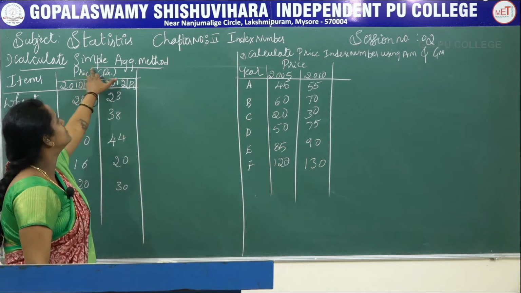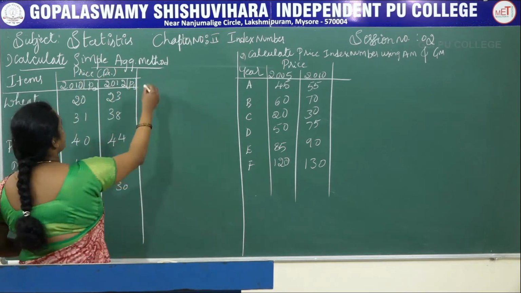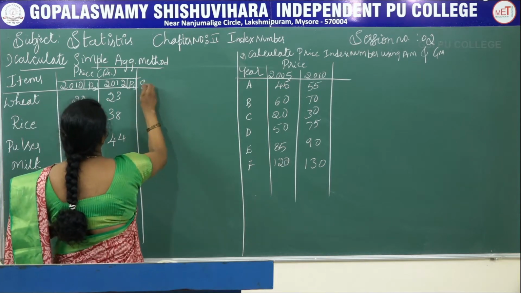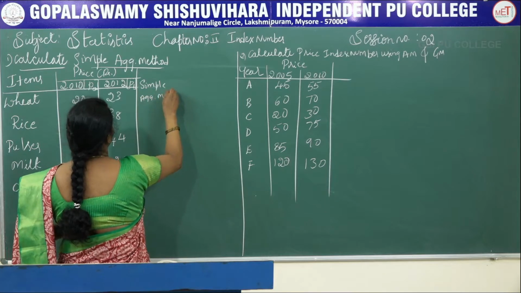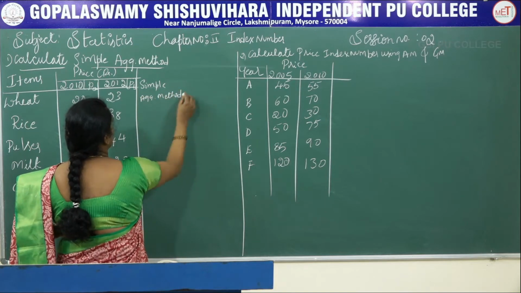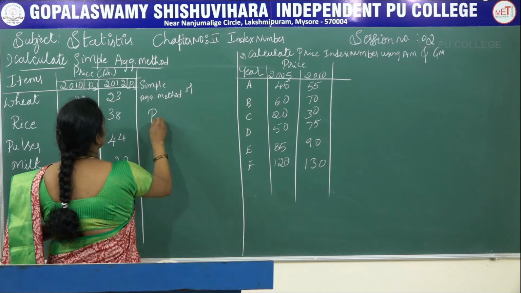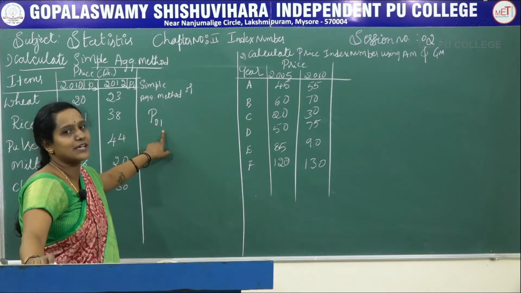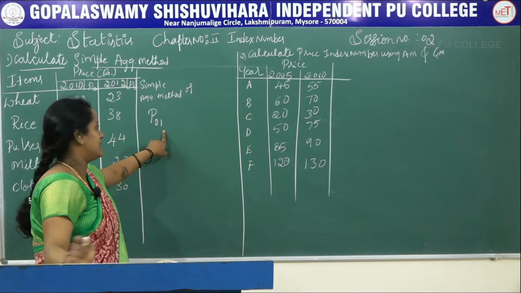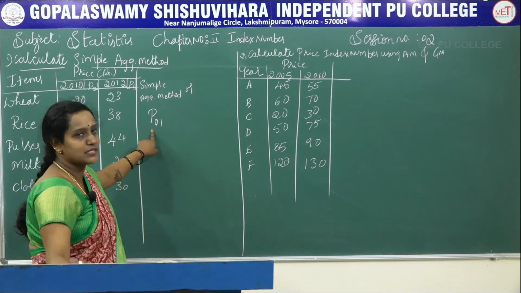To calculate the simple aggregative method, we have a formula. P01, depending on the base year we are going to calculate the current year, that is 1 is the current year and 0 is the base year.